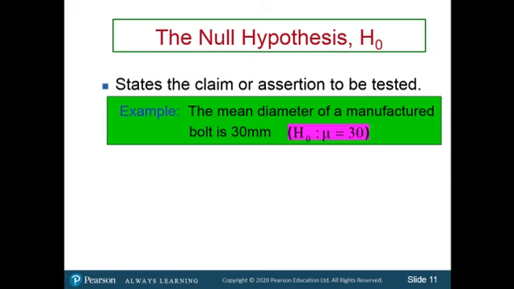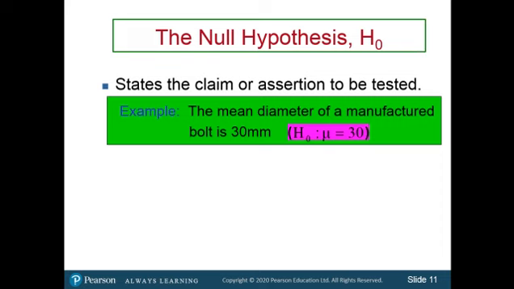Example, the mean diameter of a manufactured bulb is 30 millimeters, and we use the symbol H sub 0 colon mu is equal to 30. So that is the symbol for the null hypothesis.